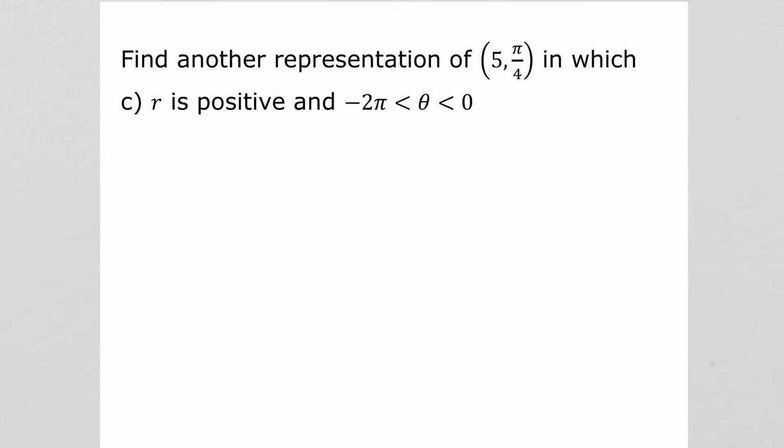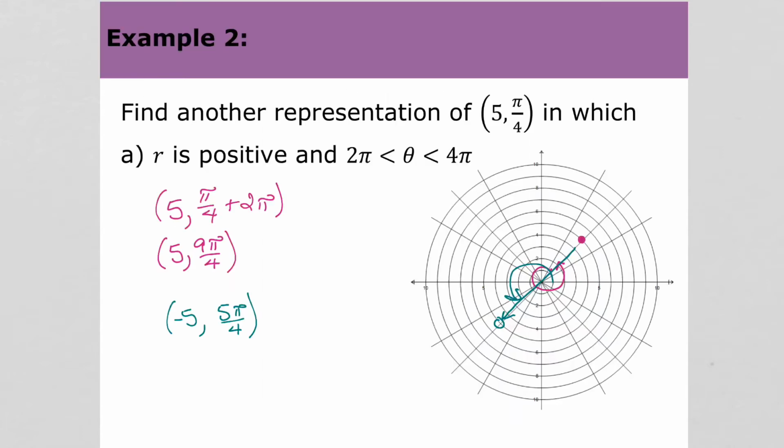And then part C, where r is positive, but theta is between negative 2 pi and 0. So we have r is positive, but a negative angle. So r will be positive, but to get a negative angle, we're going to need to go all the way around this way.